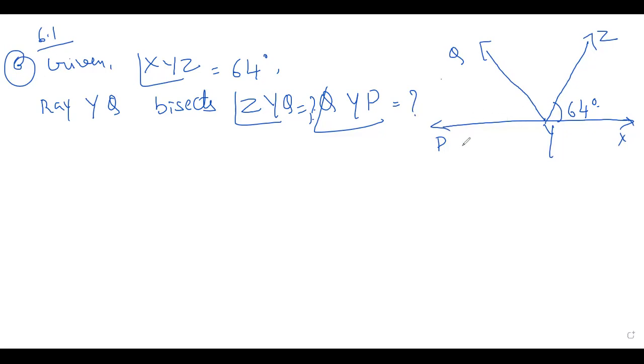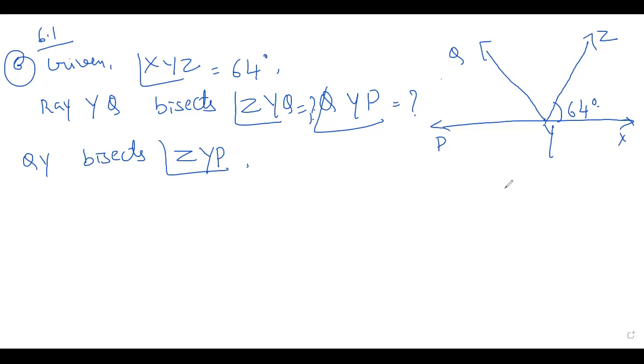Yes. Here, QY bisects angle ZYP. So what do you mean by bisecting an angle?